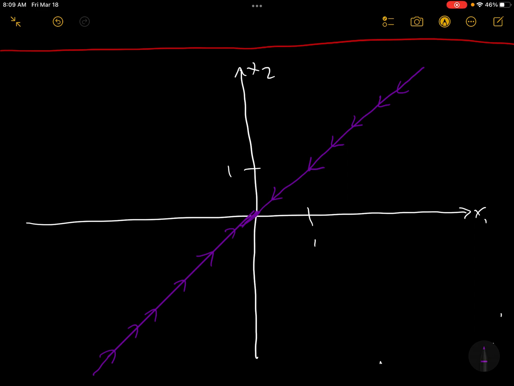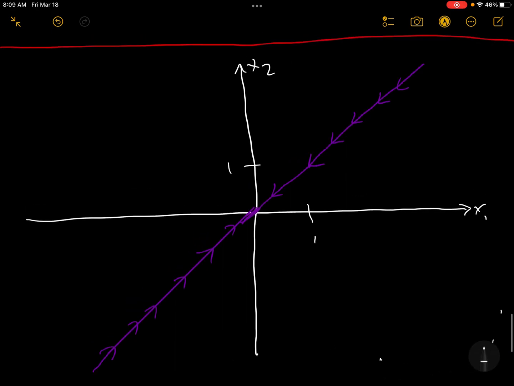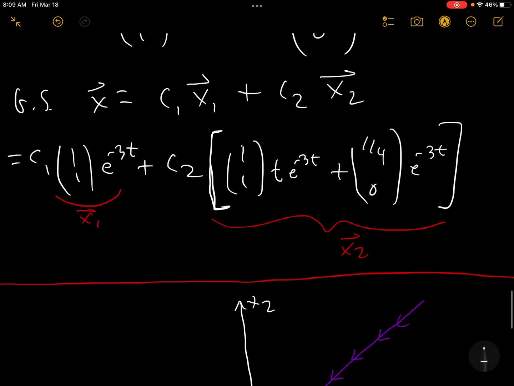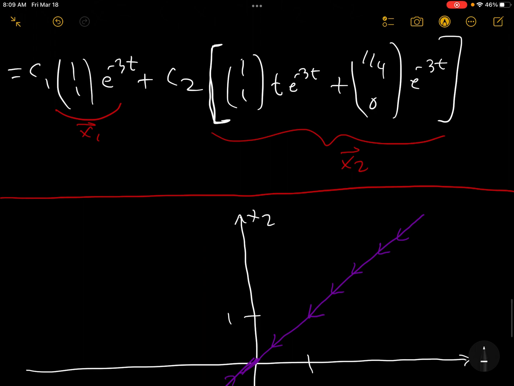Now for the good part. We don't get a second eigenvector, so we have to figure out this phase portrait. Here's what you do. You go back up here and you take out the e to the minus 3t from all these terms. That basically tells you that this thing is converging to 0.